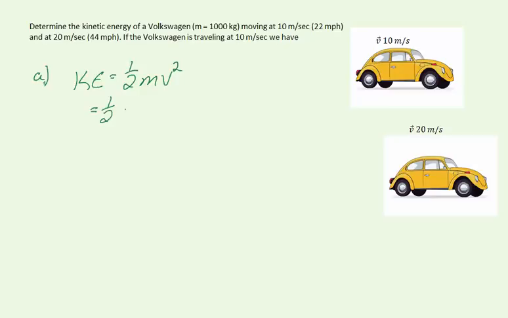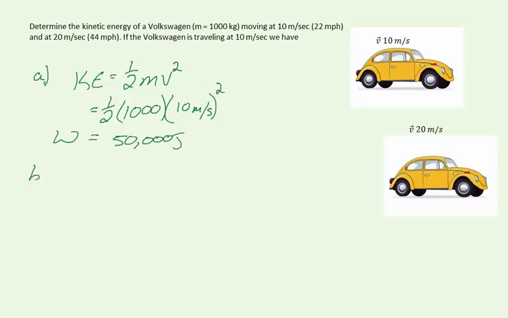So we are given a mass of 1,000 kilograms and a velocity of 10 meters per second. We should get a kinetic energy equal to 50,000 joules.